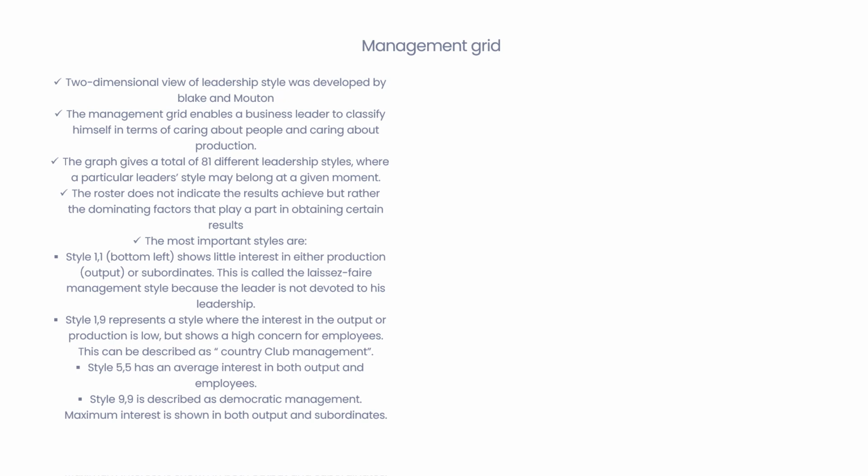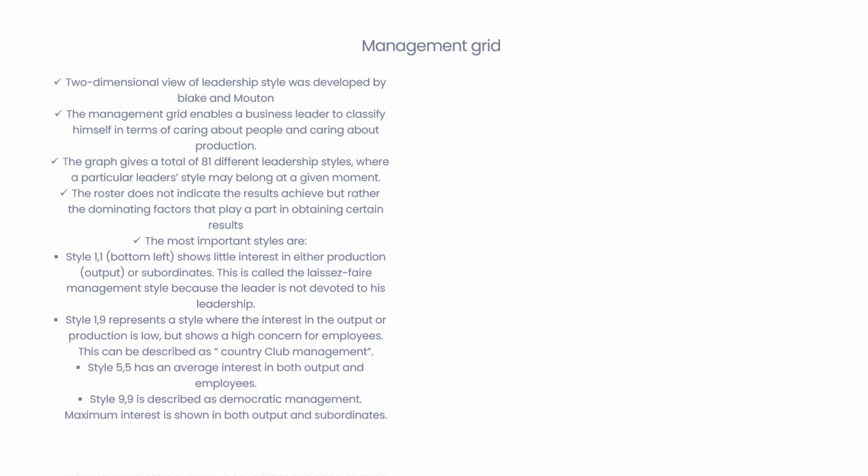How many? 81 styles. It shows where a particular leader's style may belong at a given moment. You understand that in terms of leadership style, there is not only one. Like here with Blake and Mouton, 81 different leadership styles.